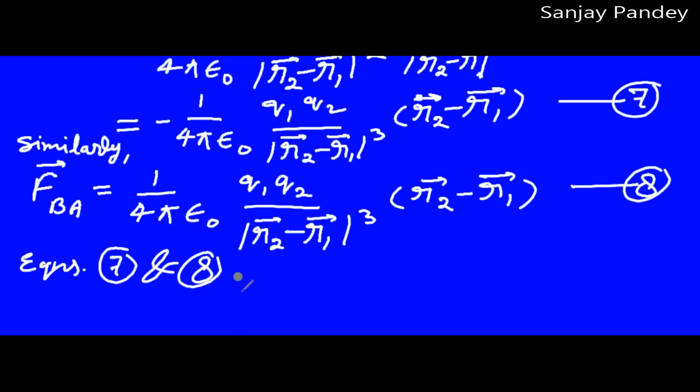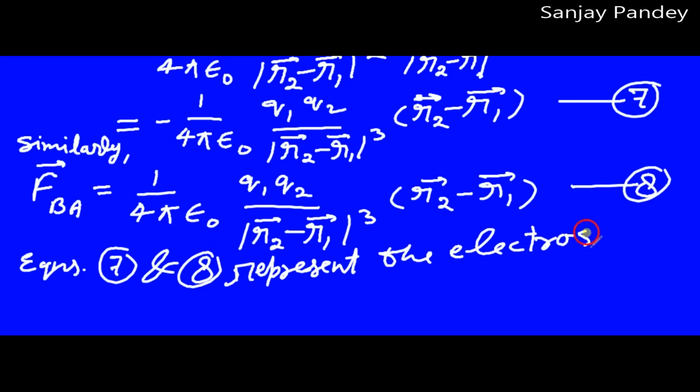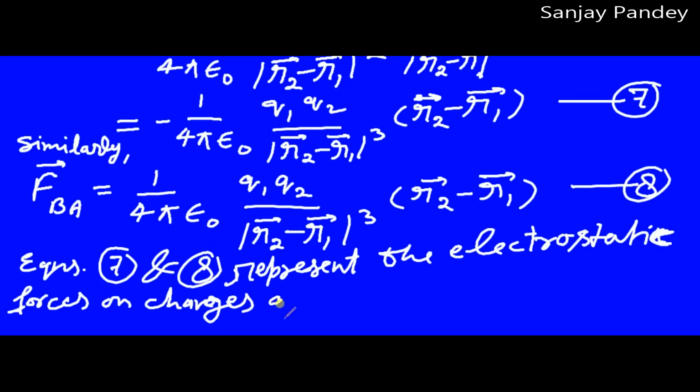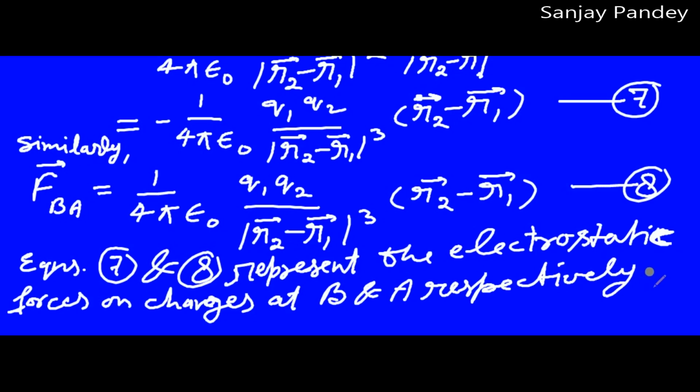Equations 7 and 8 represent the electrostatic forces on charges at B and A respectively in vector form.